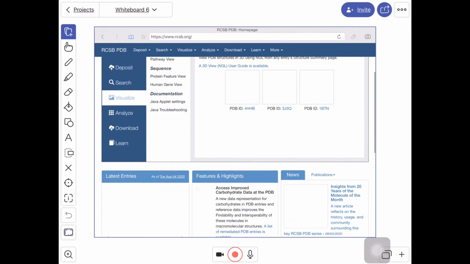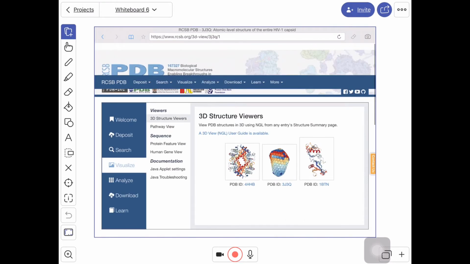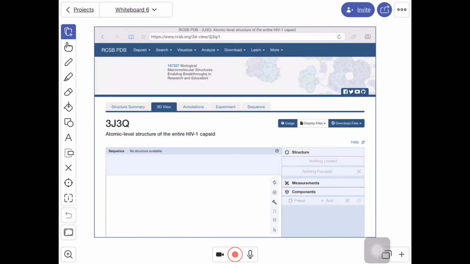You can have different protein sequences and their 3D structures. So if you want to check the structure of any protein, you can go and check it using the protein database.